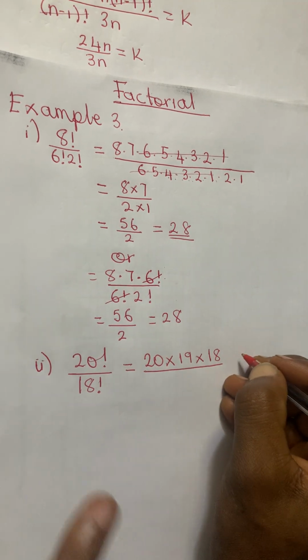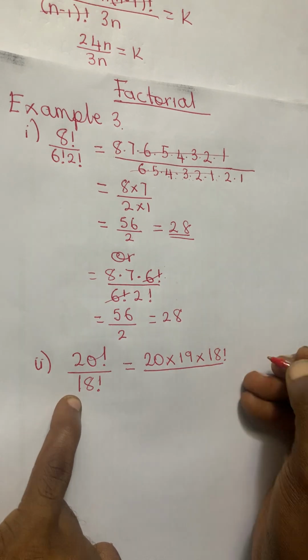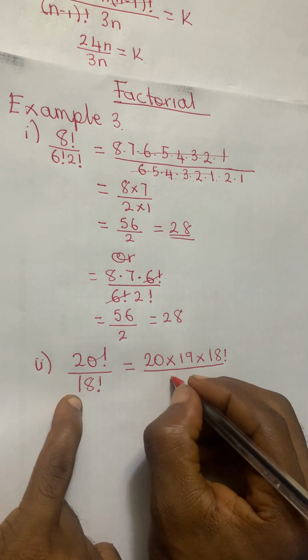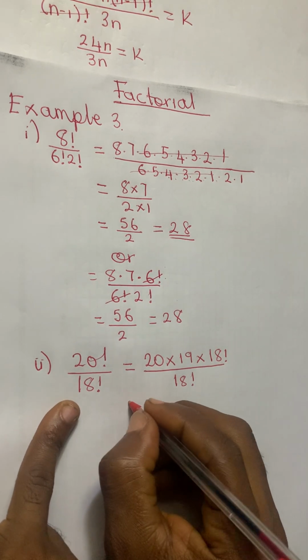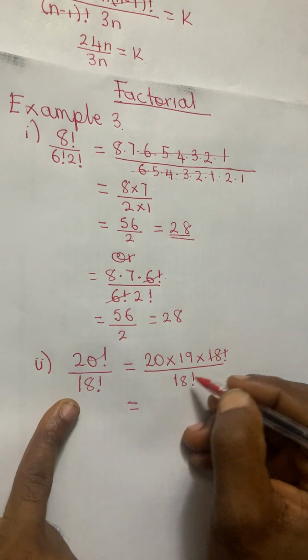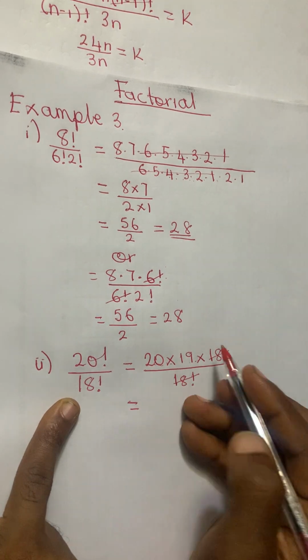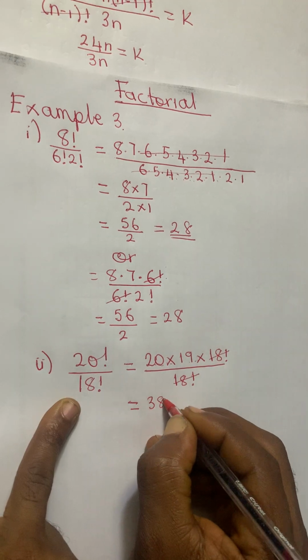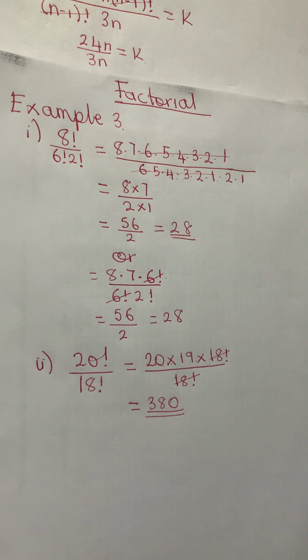We can continue, but looking at the denominator, 18 factorial, I can end here with a factorial sign, over 18 factorial. And since it exists as a denominator and a numerator, we can cancel out. Now we have 20 times 19. 2 times 19 is 38. Then we just introduce the 0. 380.